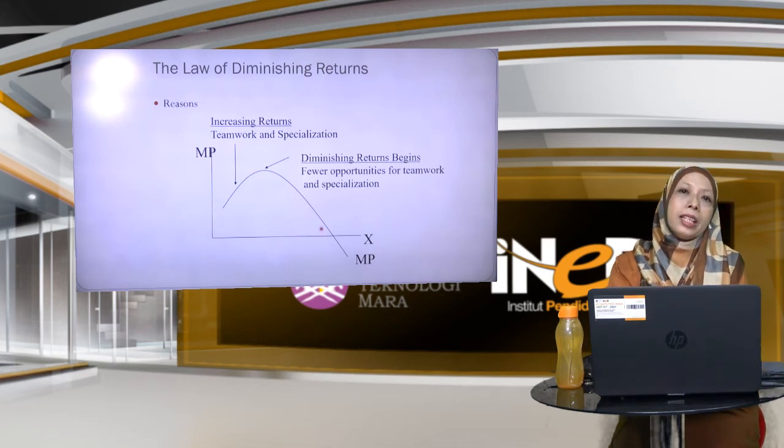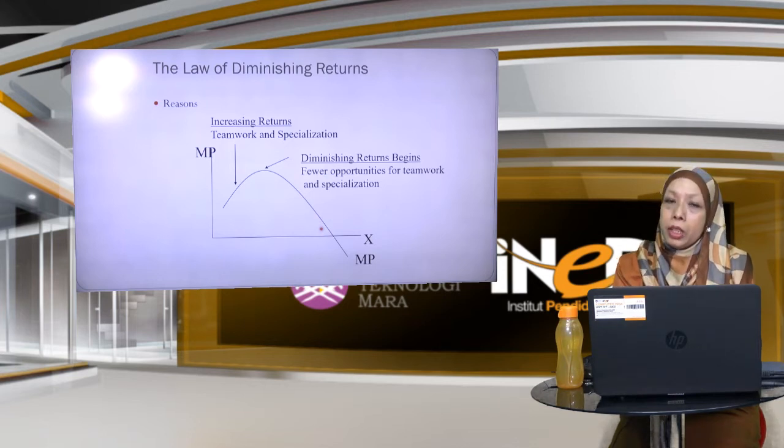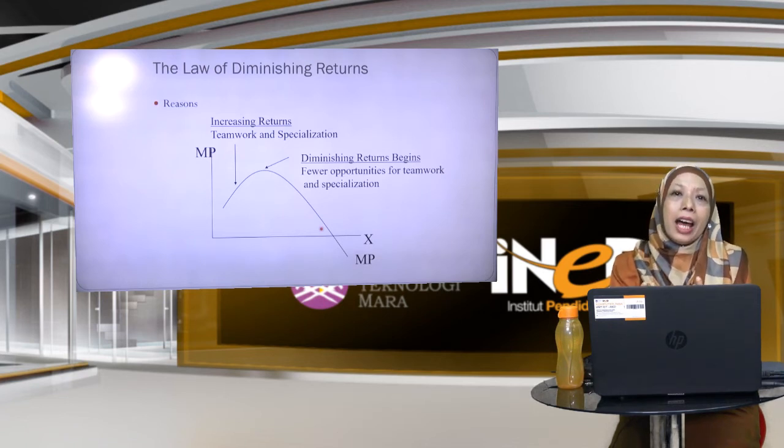Now that I have already introduced you to the concepts of short run production, we have looked at total product, marginal product, average product, and the law of diminishing marginal return. The next thing that we're going to do is find out the ideal number of variable inputs to hire in the short run.